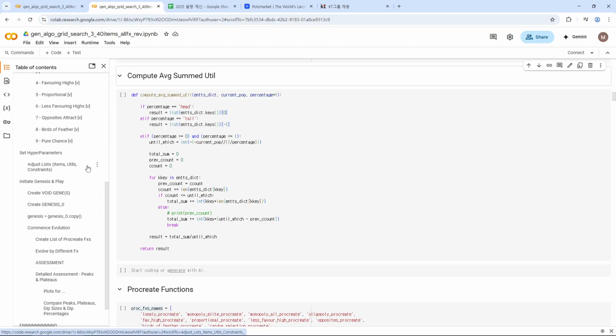I also added a few more plots where I indicate where the plateaus are and where the peaks are, and I also calculated the size of the dips, the peak minus plateau level, and the percentage of the dip sizes when compared to the peaks.